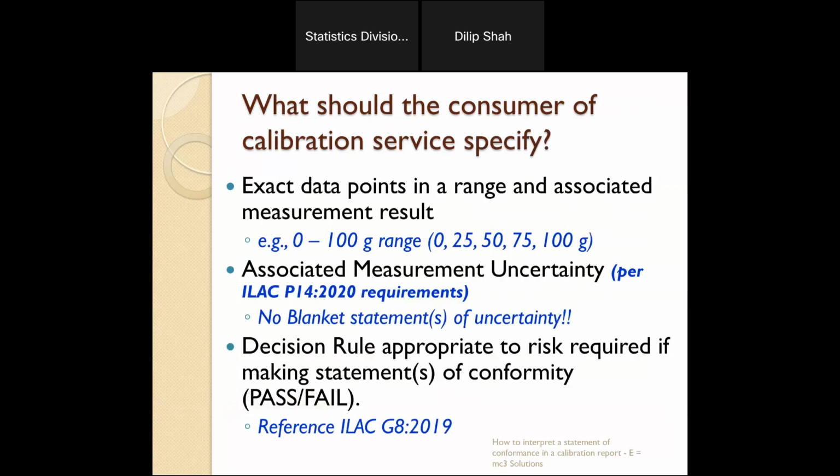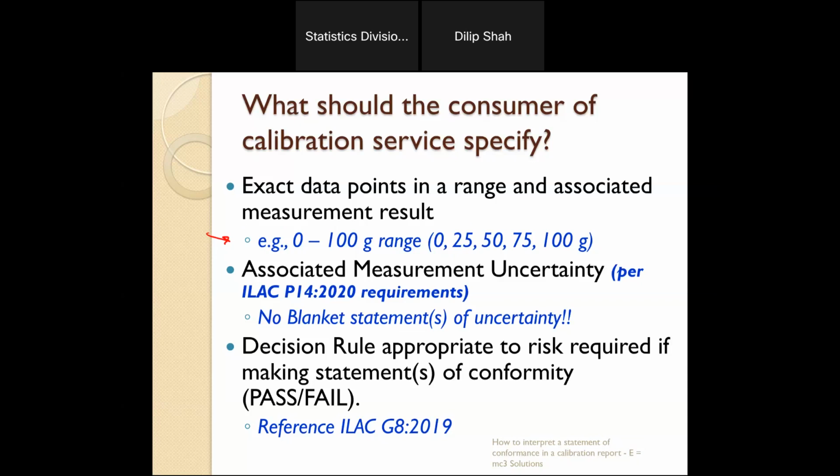So what should you as a consumer of calibration service specify? You should specify the exact data points you want in the range that your instrument measures. So if your instrument measures, here I've just given you an example, 0 to 100 grams, then you should say, okay, I want 25%, 50%, 75, 100% in there.